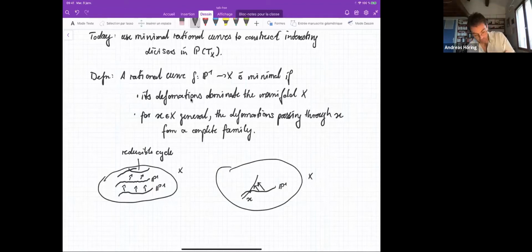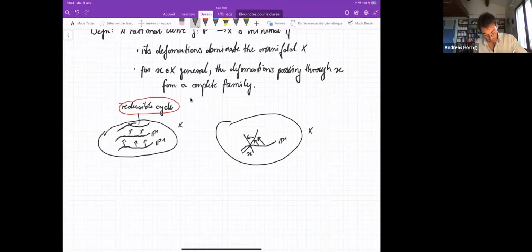This is the assumption that, even if I go on and on, it will always just be one P1. It will not break into, say, a chain of two P1s. So that's a family of minimal rational curves on your manifold.